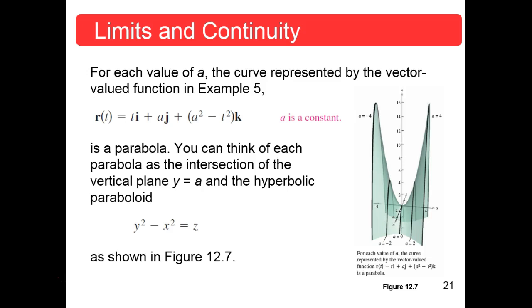So here's your z, and if y is equal to a, then this would be y squared minus x squared, because that's your x, okay? And that would be that paraboloid, and that's why it's a hyperbolic paraboloid. Not sure I would have thought of writing it that way, but it's certainly true.